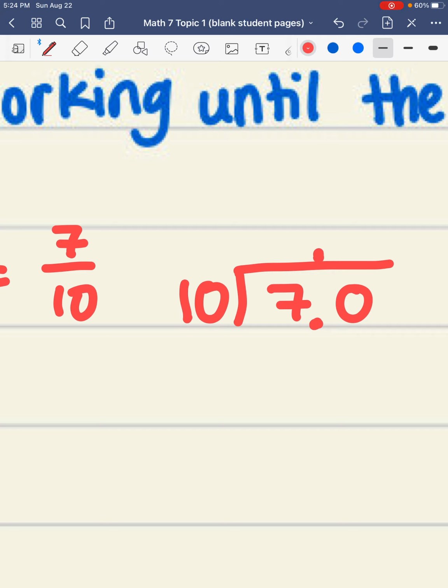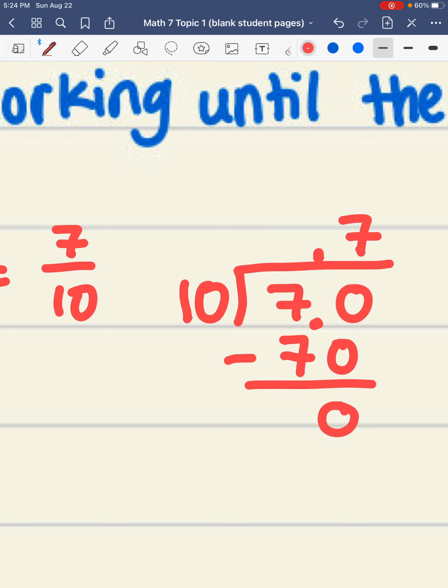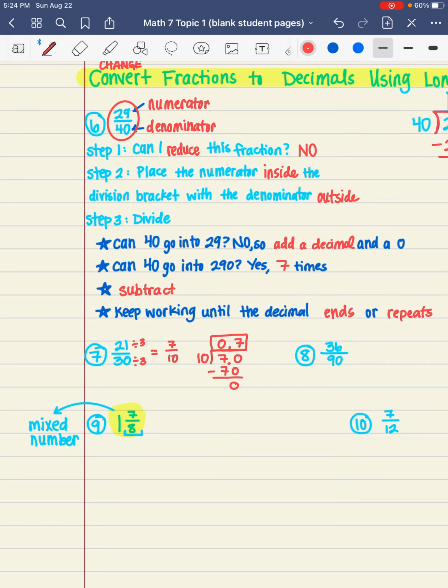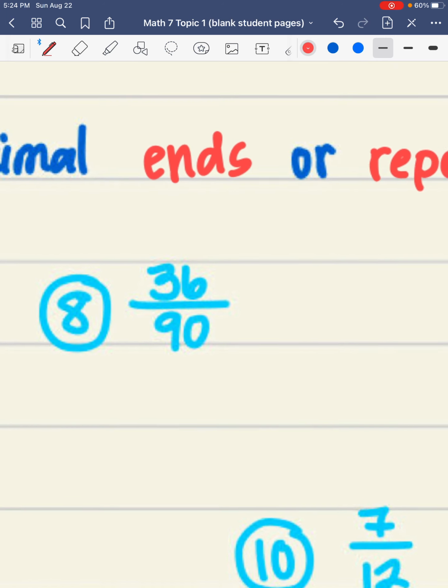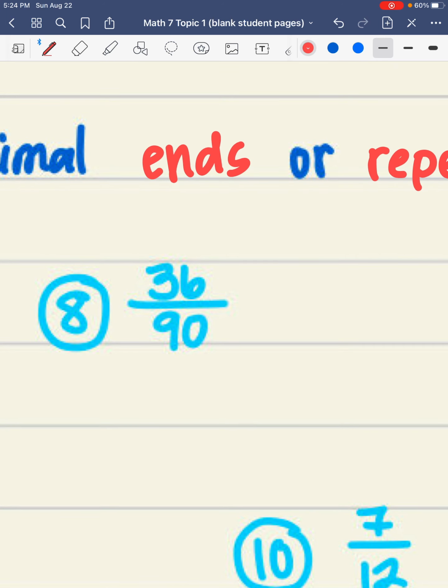Yeah, it can go into 70 7 times. 7 times 10 is 70. When I subtract, I get 0. So this decimal ends. Our quotient is 0.7 or 7/10.